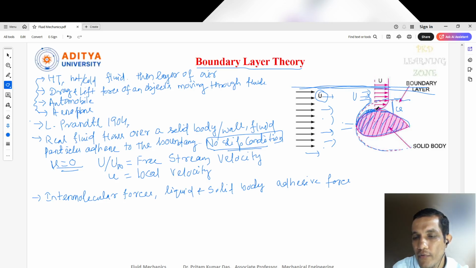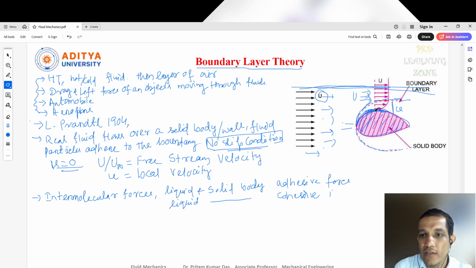So when the liquid is flowing, the molecules present in the liquid and the molecules present in the solid create an adhesive force between them. If you consider only the liquid, up to the contact, the liquid has cohesive force, that means the intermolecular bonding between the molecules in the liquid.